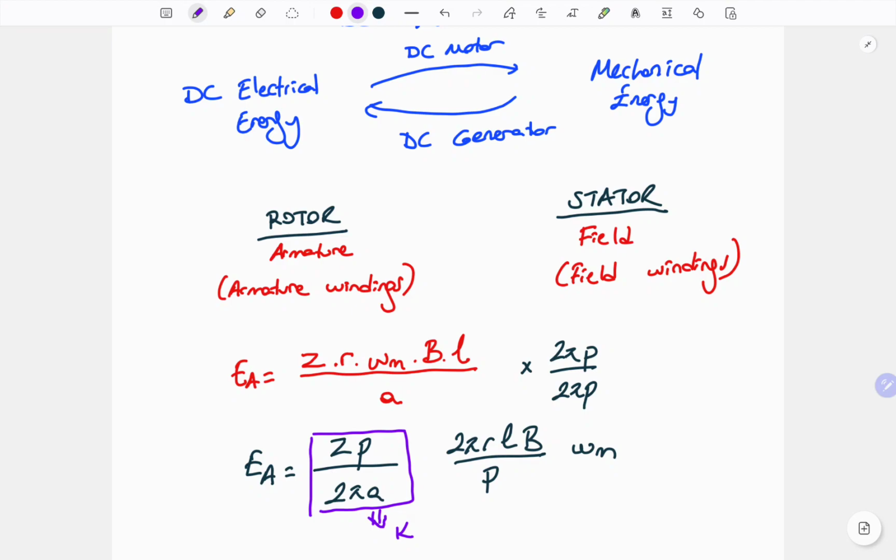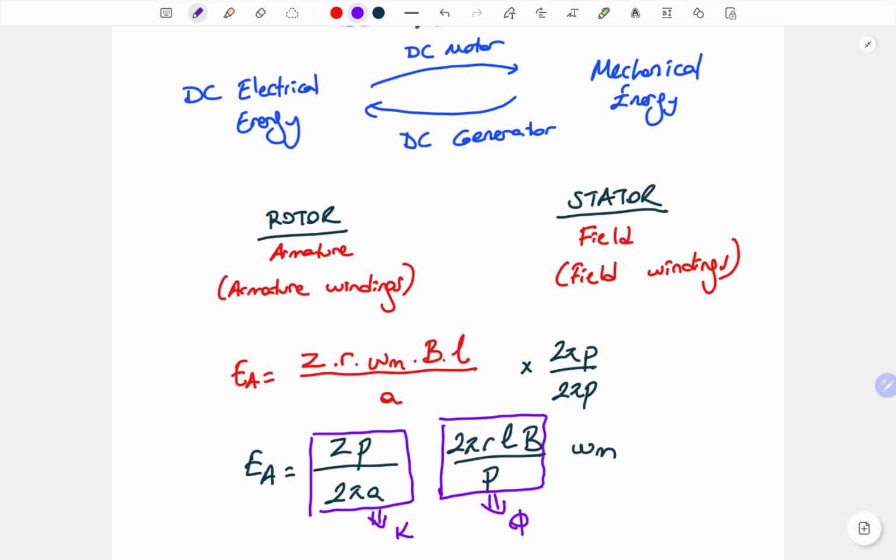Why? Because Z is a constant. After the construction, we cannot change these values. Z, the number of conductors, P, the pole number, 2 pi is a constant, and A, the total number of current paths. For the second part, 2 pi RL B over P shows the flux of the motor.